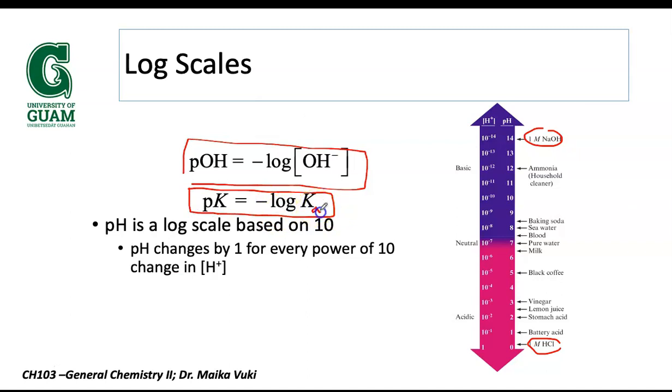Say, for example, if you have the Ka of the acid, or you can have the pKw if it's water. So you can also be looking at the potential of the equilibrium constant value.